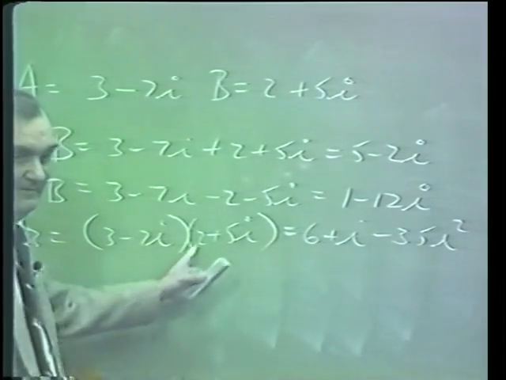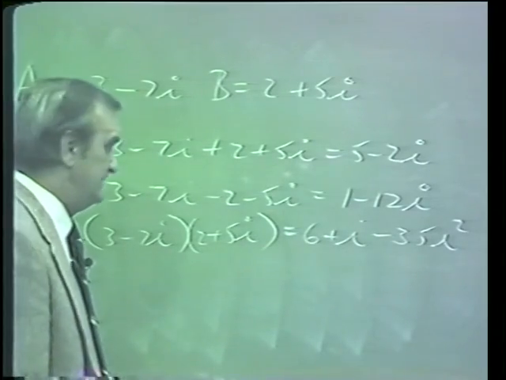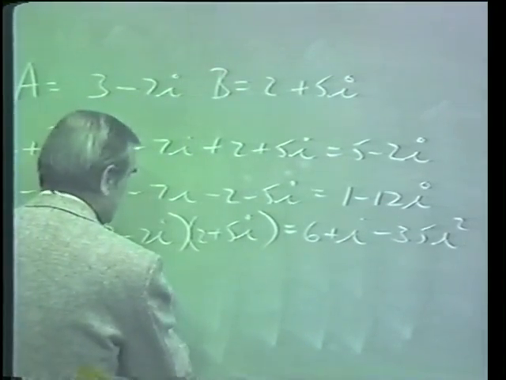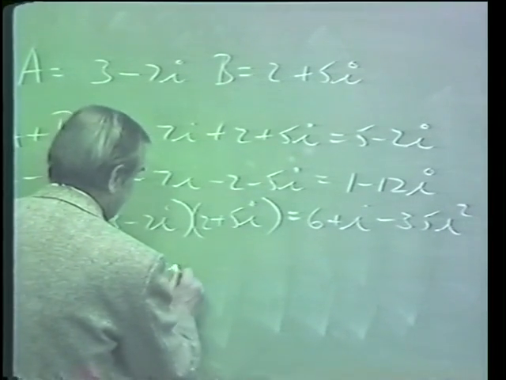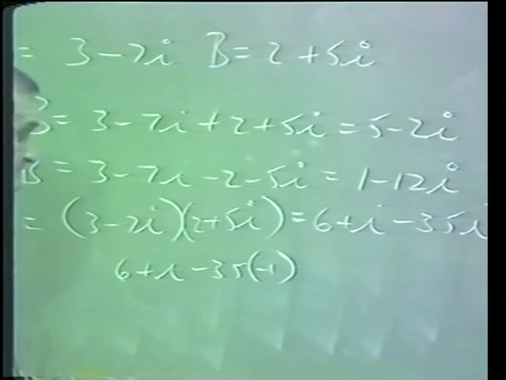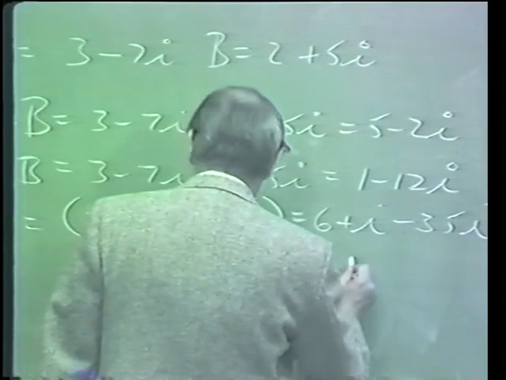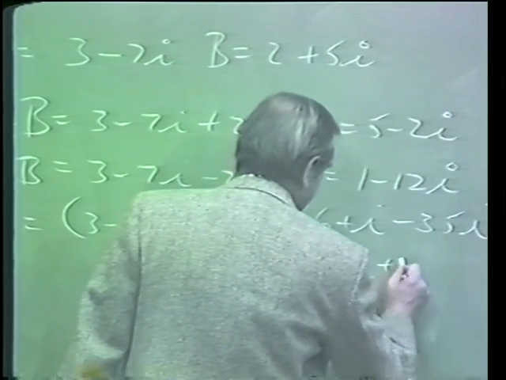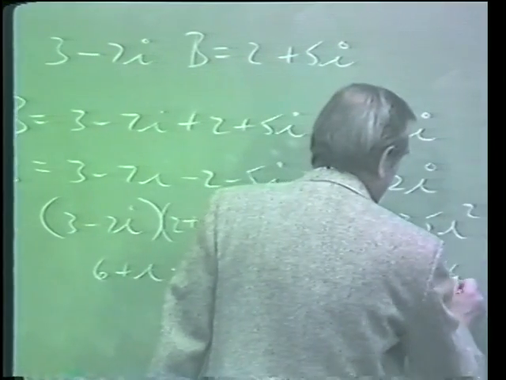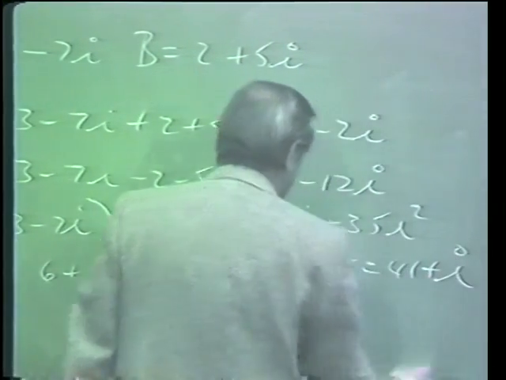Very, very, very important. We're going to use it. i squared is a negative 1. So if we change that around, we have 6 plus i minus 35 times a negative 1, or 6 plus i plus 35, which is 41 plus i.